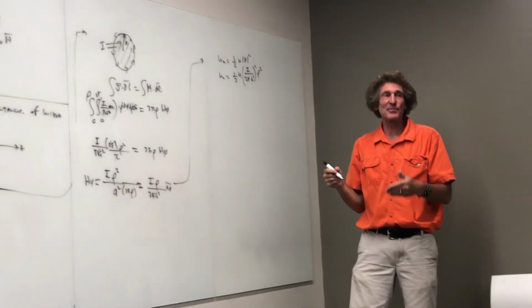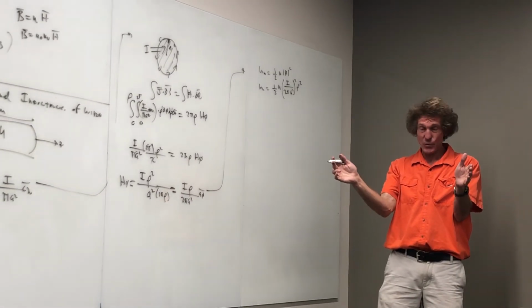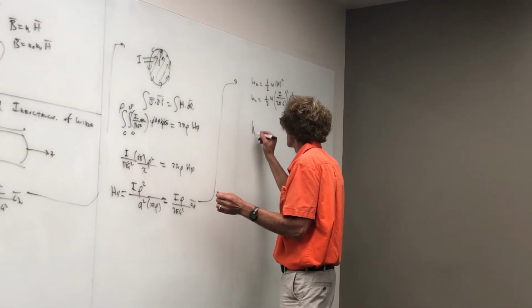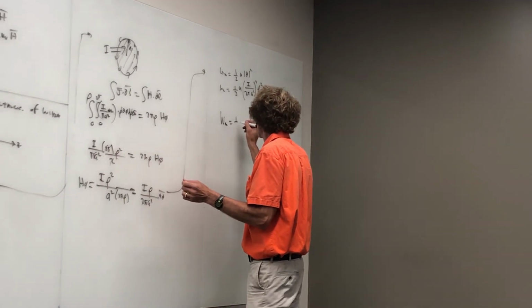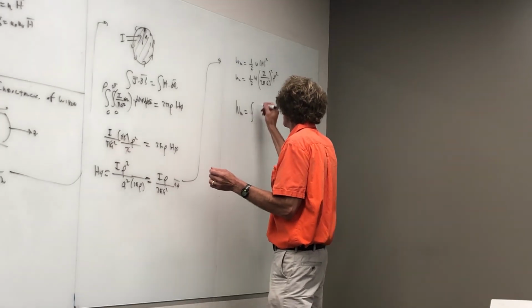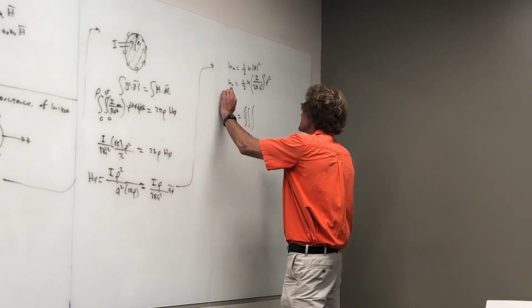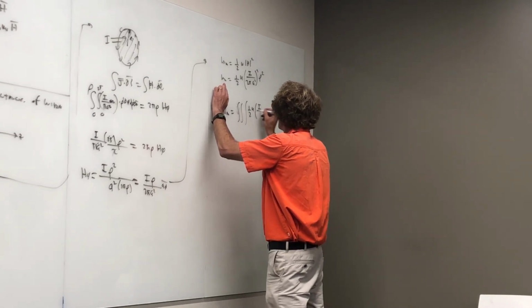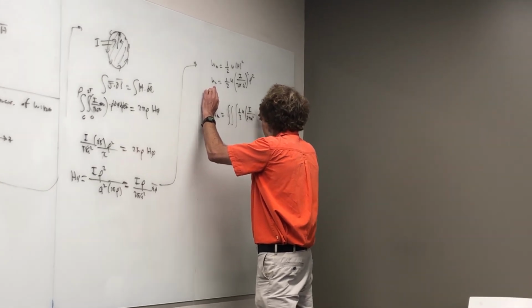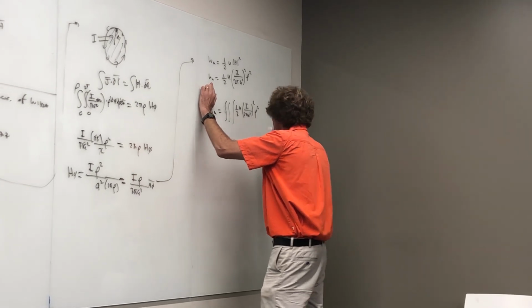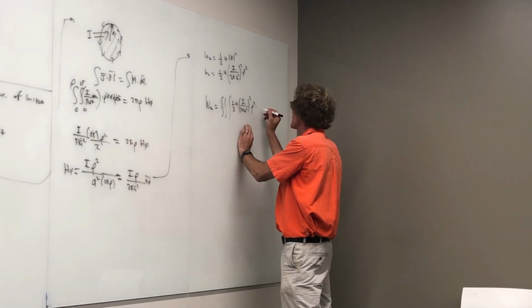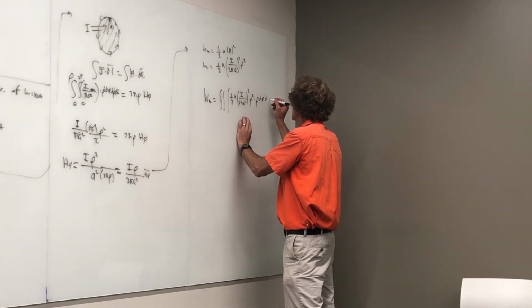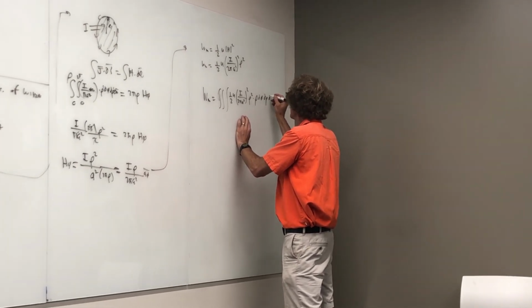Now I've got to find the total magnetic energy in that section that's 1 meter long, right? So the total magnetic energy would be equal to the triple integral of this, which is 1/2 mu I over 2 pi A squared rho squared, and then the differential unit of volume in cylindrical coordinates is rho d phi d rho dz.